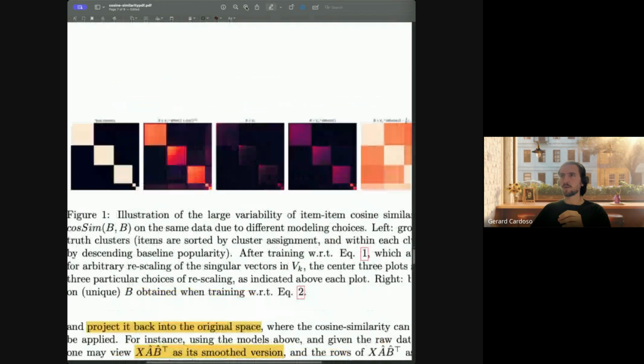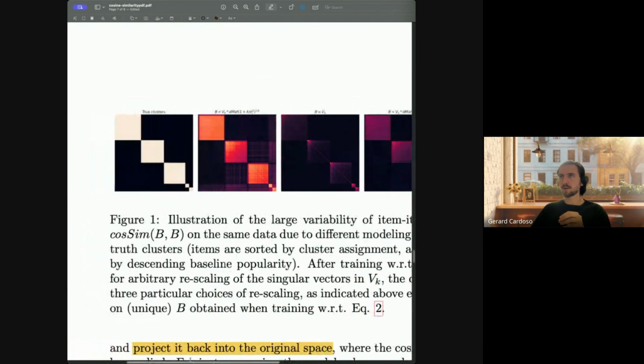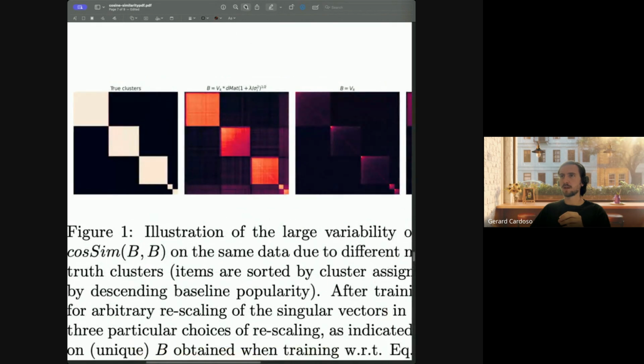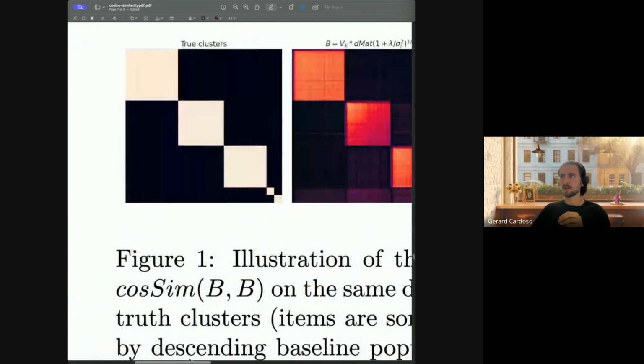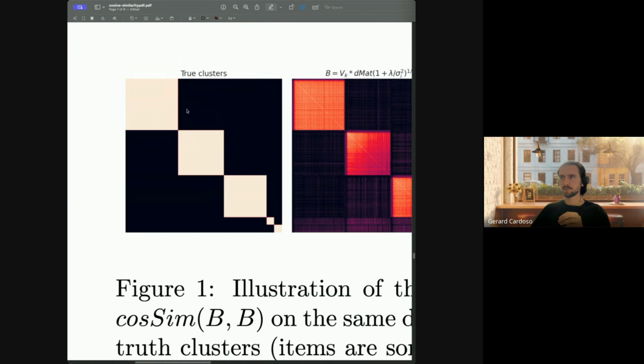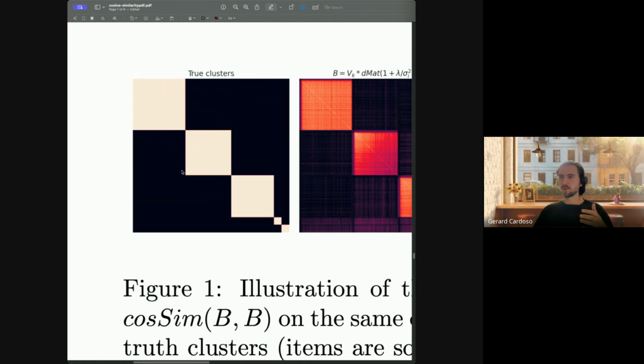They created a set of items which they clustered into 5 clusters, and then they assigned users' preferences to those clusters, and simulated it that way. I think the point was to simulate an environment where you're trying to recreate those clusters using some kind of cosine similarity. So this is the true clusters.